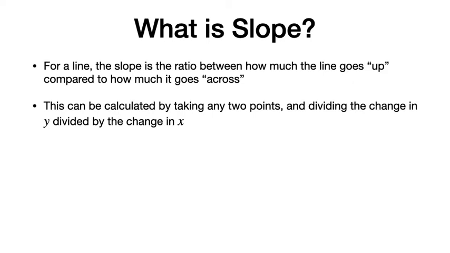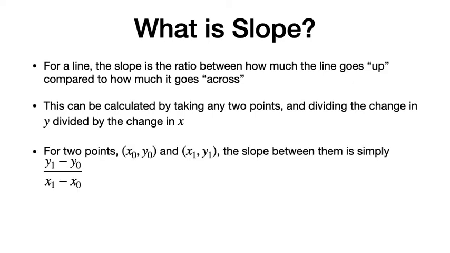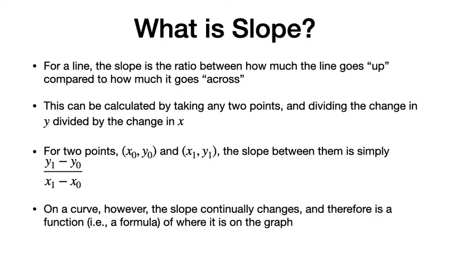So we'll call the first point x0, y0, and the second point x1, y1. And the slope between them is simply the difference of the y values divided by the difference of the x values. However, it gets different on a curve. On a curve, the slope continually changes, and therefore it's a function of where it is on the graph.